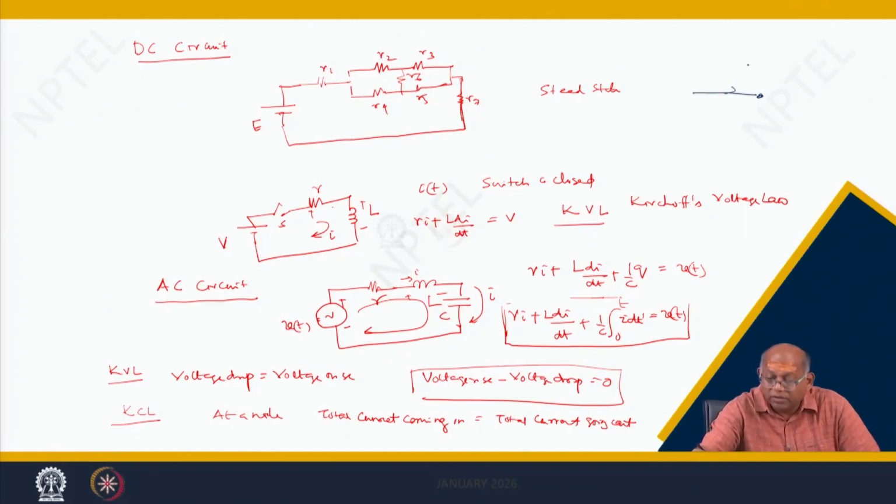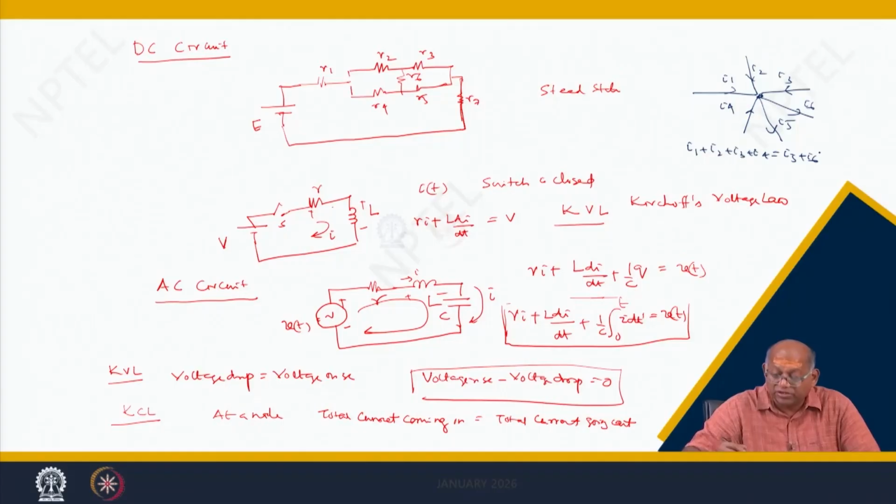If these currents are I1, I2, I3, I4 and I5, I6, then I1 plus I2 plus I3 plus I4 should be equal to I5 plus I6, or you can just subtract and get 0. So, the sum of the currents at a node, if you take the signs properly, becomes 0.